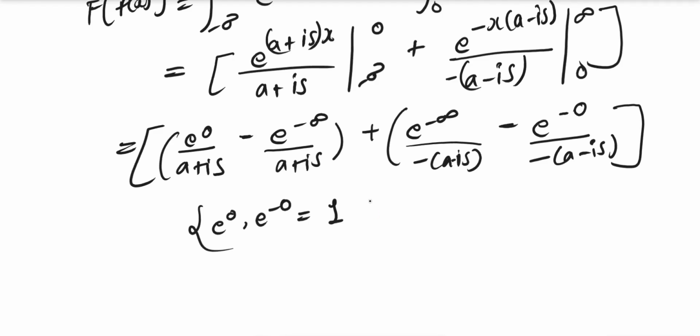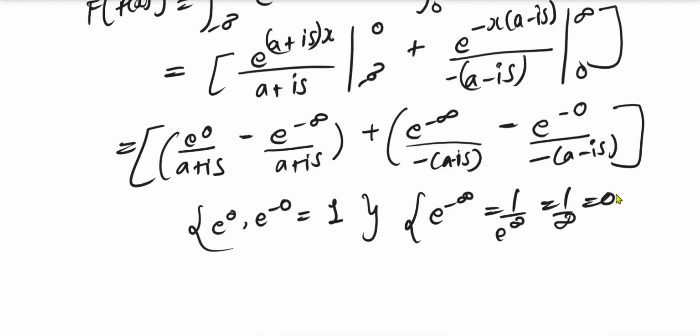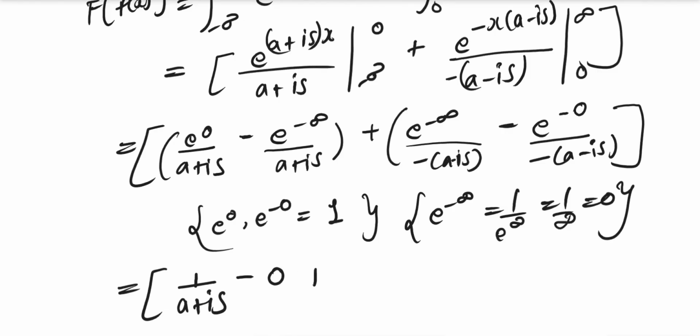Now e raised to the power 0 and e raised to the power minus 0 is 1, and e raised to the power minus infinity is 1 upon e raised to the power infinity, is 1 upon infinity, is 0. So ये हो जाएगा 1 upon a plus iota s minus 0 plus 0 minus 1 upon minus a minus iota s.